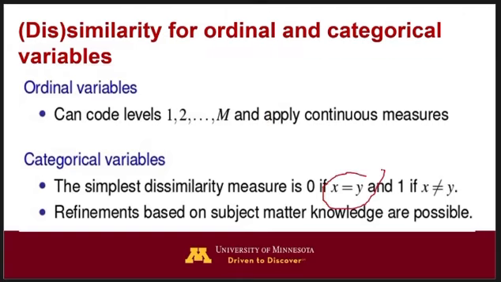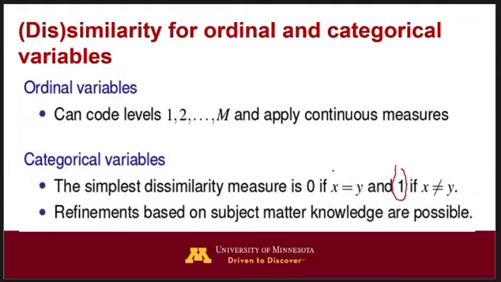If x equals y, if x is the same thing as y, then the dissimilarity is 0. That means they do not have any dissimilarity. They are perfectly similar. That is what this is trying to say. So if x equals y, it is zero. But what if x is not equal to y? If two variables are not the same, then we're going to code that.